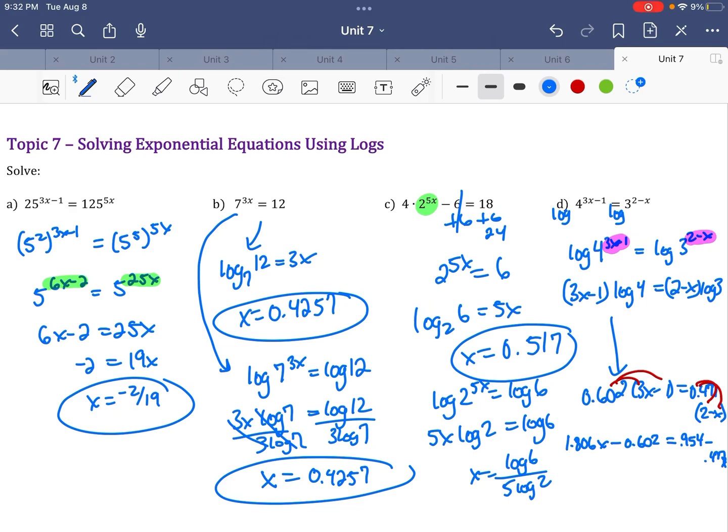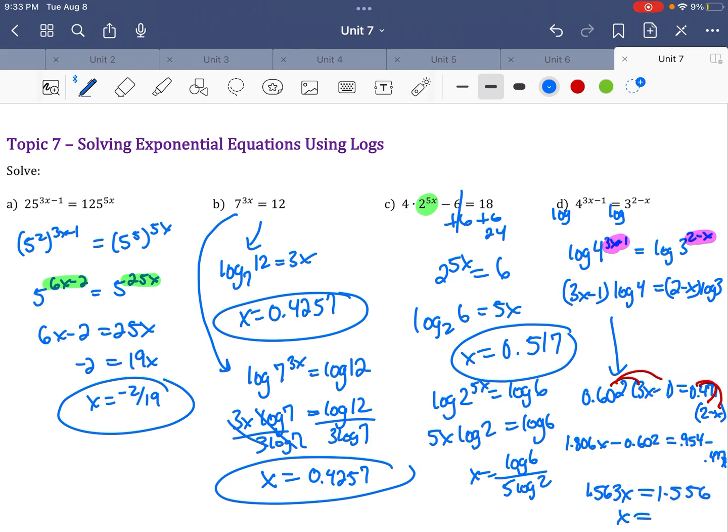So 1.806x, I'm going to have to add the 0.477x. So that's 2.283x. I'm going to take my 0.954 and add my 0.602.